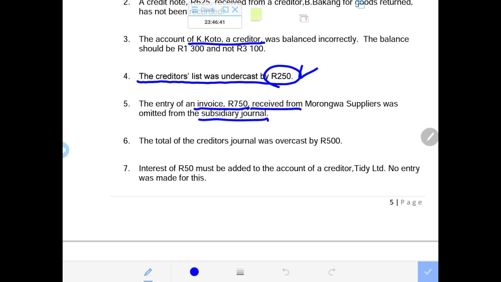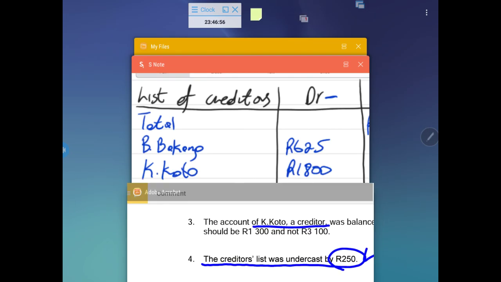Then we are in number 6. The total of the creditors journal was overcasted by 500. We are referring to the total of the creditors journal.